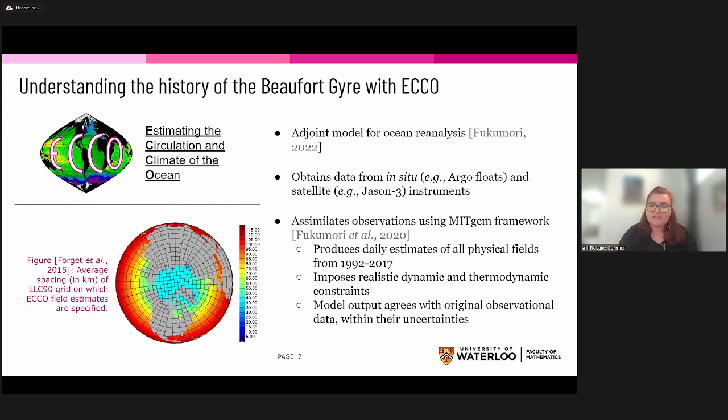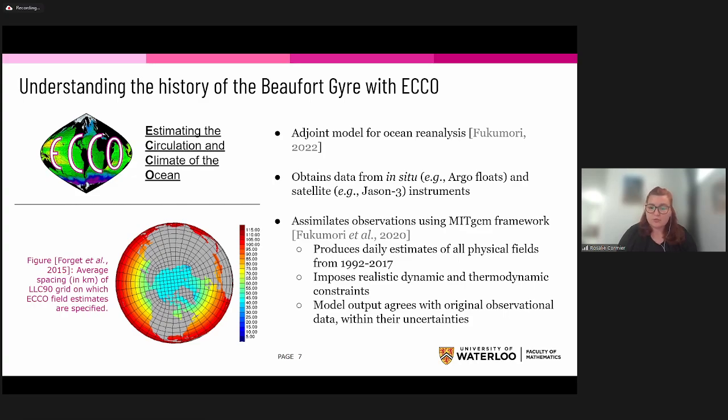It then assimilates these observations using the MITgcm framework, and it ultimately outputs daily estimates of all the fields needed to evolve the global ocean from 1992 to the end of 2017. A couple of nice features of the ECCO model are that it imposes realistic dynamic and thermodynamic constraints on this assimilation. So every output, every estimate, is a physically realizable oceanic state.